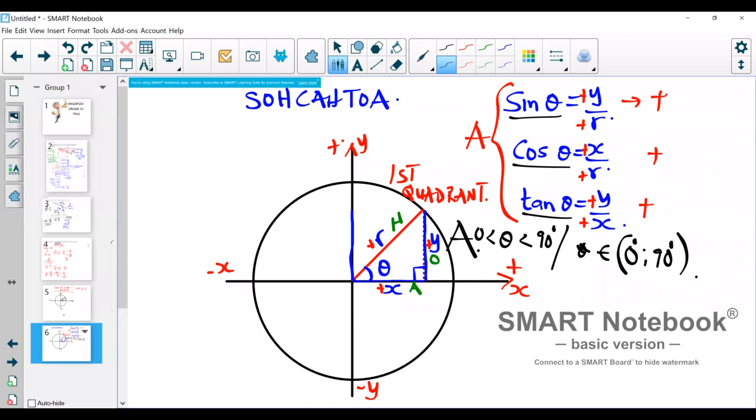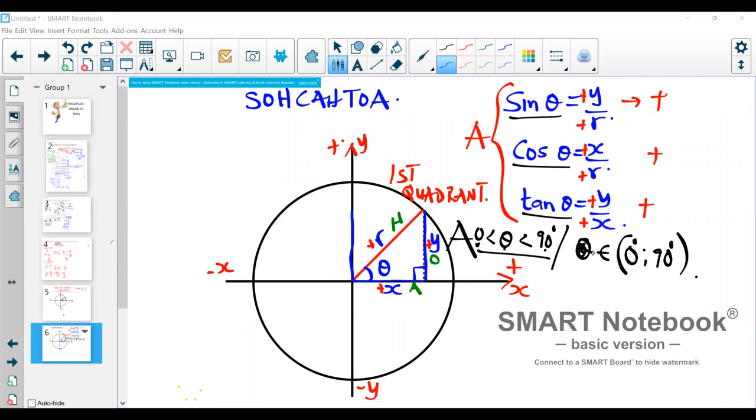We'd either write it this way: theta is between 0 and 90, the lesser one always on the left. Or we say theta is an element between 0 degrees and 90 degrees. Everybody okay? That's everything you need to know about the first quadrant. Your angle is smaller than 90.